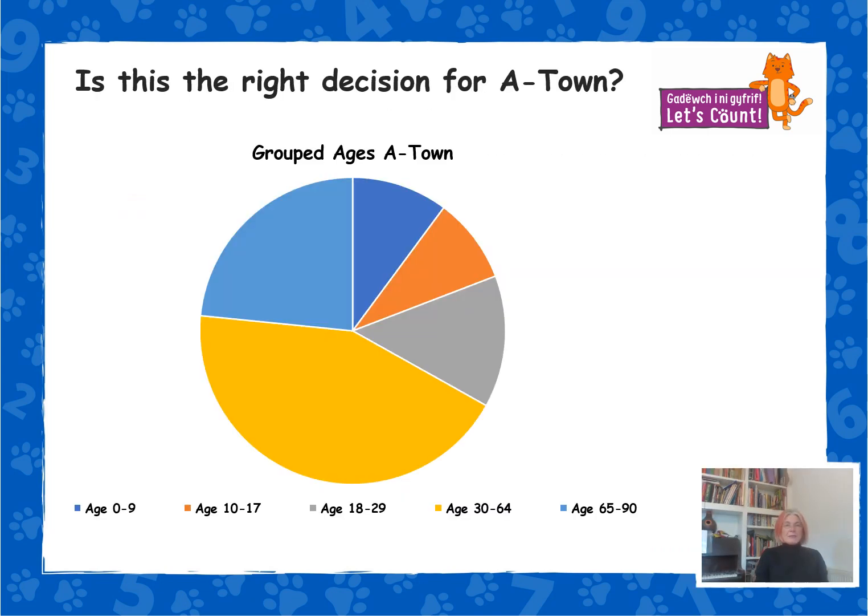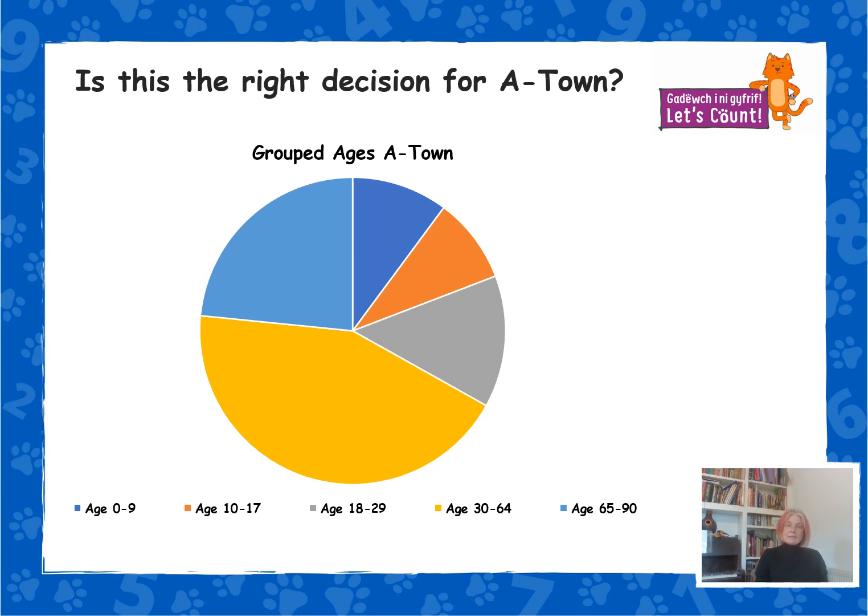Here is some information from the 2011 census from a real place that we're going to call CTown. It is a pie chart, which I hope you'll have seen before, and it shows us age groups of the people who live here. The bigger the piece of the pie chart, the more the number of people in that age group. Working round clockwise from the top, sort of 12 o'clock, we have the 0 to 9-year-olds, the darker blue section.